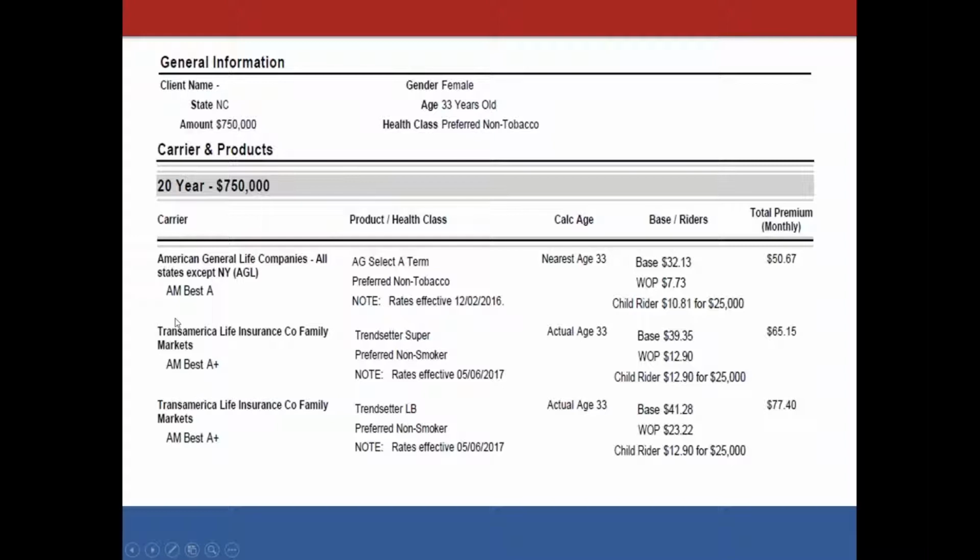As an example, Banner Life is oftentimes very competitive in their pricing, which we could put into the mix, but number one, they do not offer living benefits. And number two, they have some extreme difficulty, in my opinion, of working through the underwriting process.